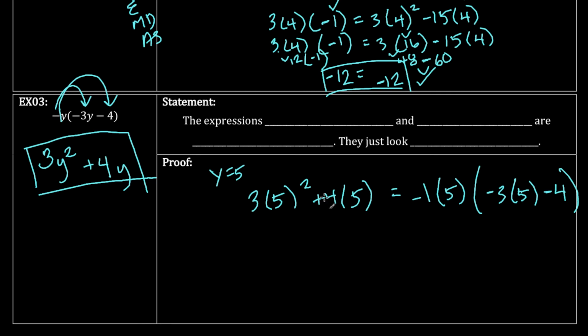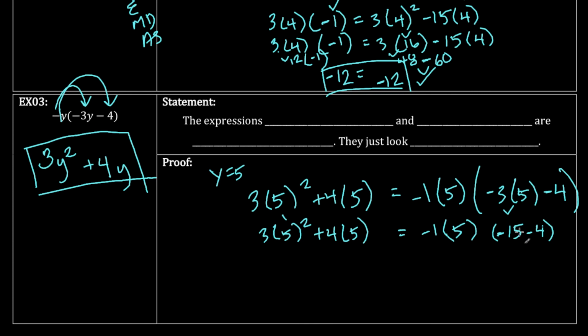Looking weird, but it shouldn't be too crazy. Everything in parentheses over here. So a negative times a positive is a negative 15 minus 4. That should be equivalent to 3 times 5 squared plus 4 times 5.